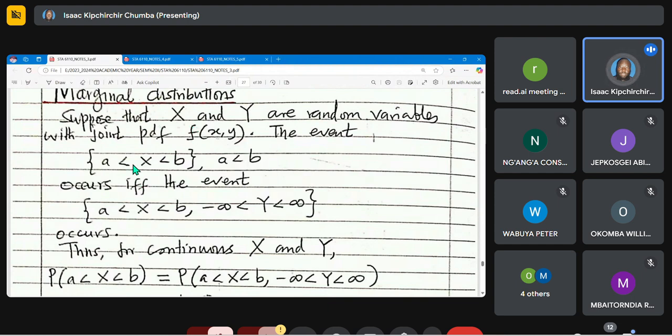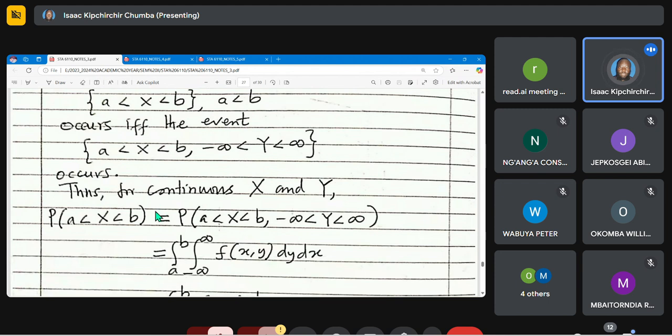The event that X lies in the interval AB is equivalent to the event that X lies in the interval AB and Y lies in R, because Y is not constrained. It is X which is constrained to lie in the interval AB, but Y is not constrained. So these two events are equivalent, and we know equivalent events have equal probability.